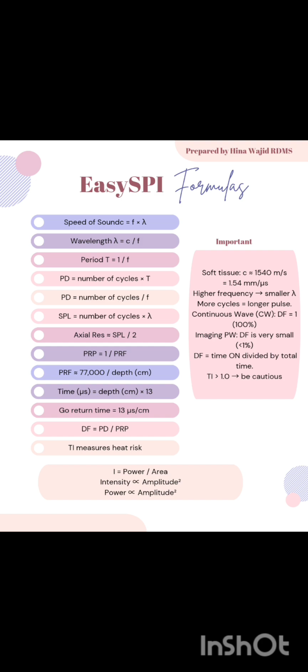Some important points. In soft tissue, speed of sound is constant, that is 1540 meter per second or 1.54 millimeter per microsecond, that is known as calibration speed. So ultrasound machine assumes speed is always constant, but that's not always true. That's machine assumption.